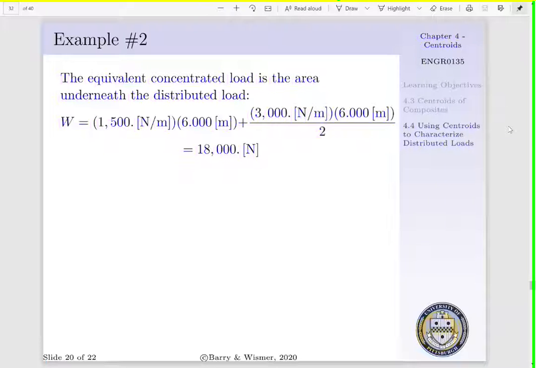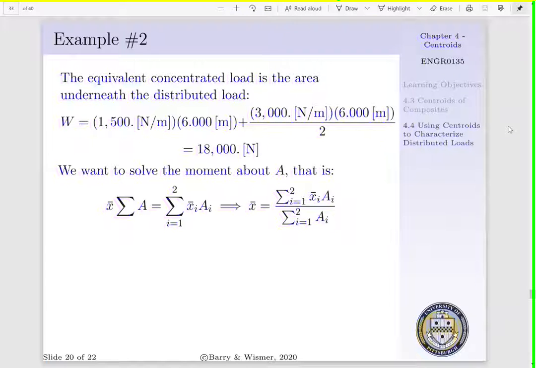That is, we can say W is equal to 1,500 newton per meter times 6 meters, which represents the rectangular area of our distributed load, plus the triangular area that represents the triangle of our distributed load, which is 1/2 base times height, which is 3,000 newton per meter times 6 meters. Thus, the magnitude of our distributed load is 18,000 newtons.